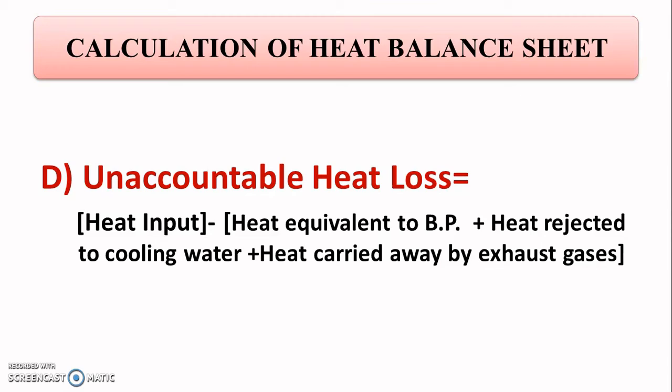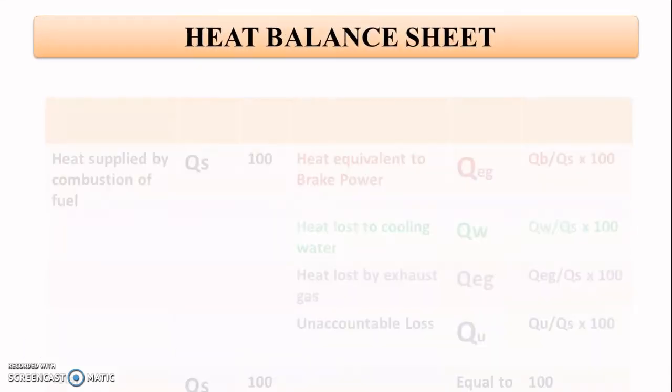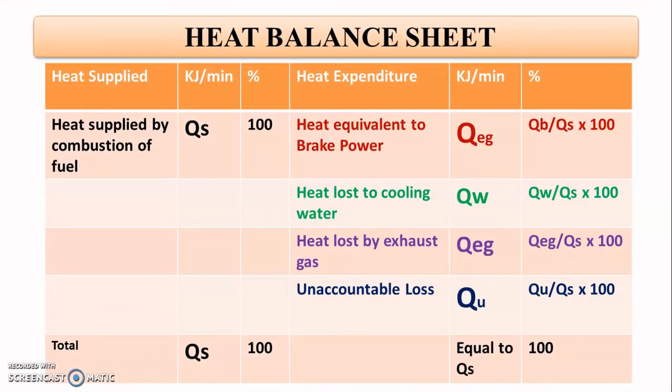Now, dear student, after calculating all these parameters, we will put these parameters in the tabulated format. So here, heat supplied, that is QS in kilojoule per minute, because we are preparing the heat balance sheet on minute basis. That QS is equal to MF into CV, already we had studied, and in percentage, it will be considered as 100%.